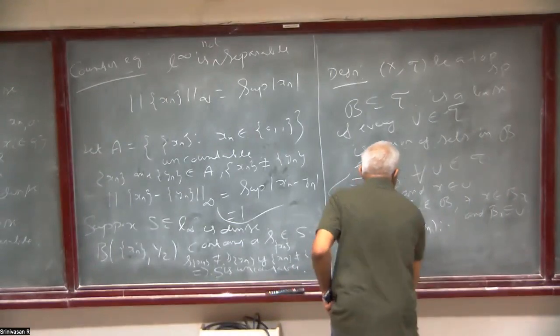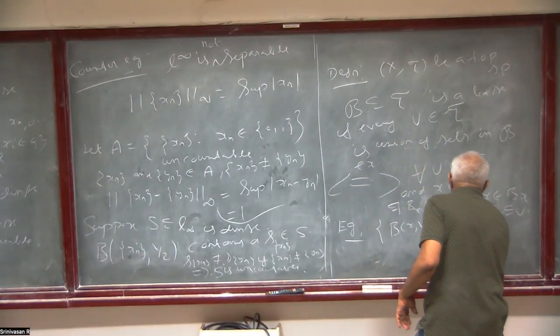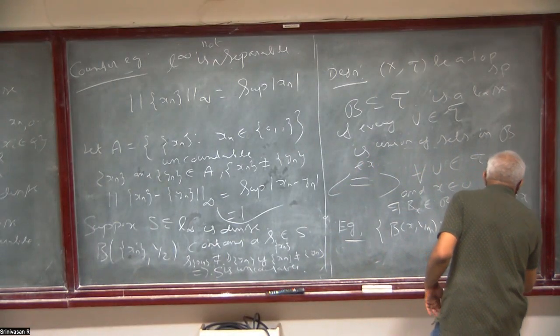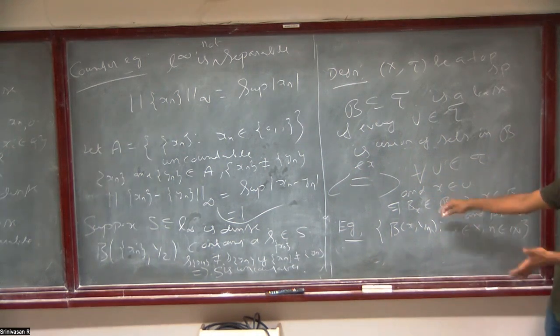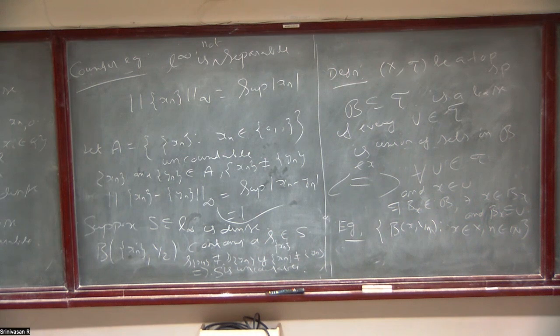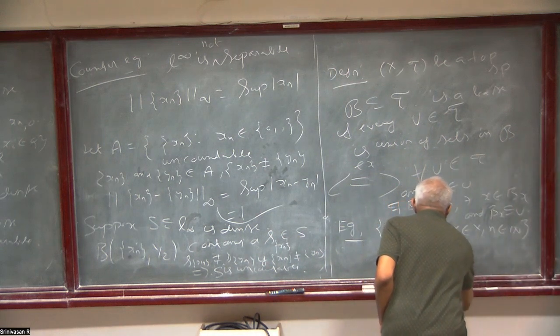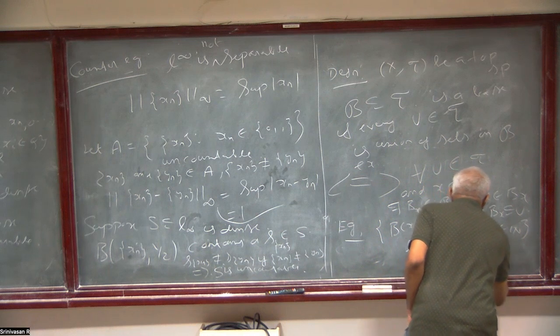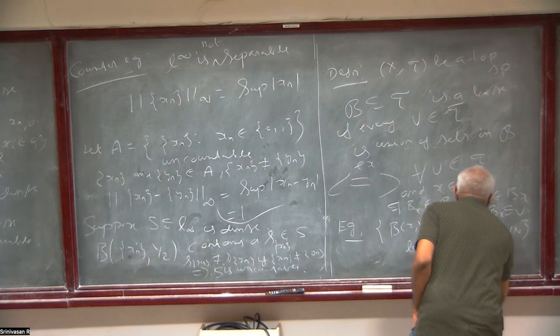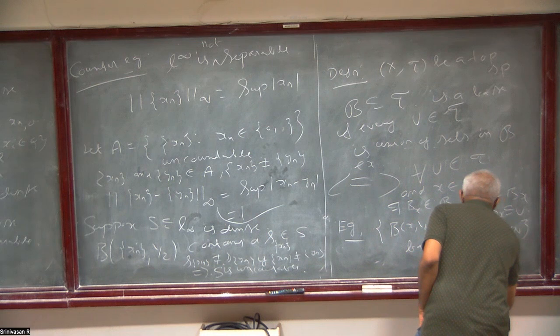So you just take open balls with x in X and n in N, because for every open ball you can find a smaller open ball. So this is a base for open sets in metric spaces.